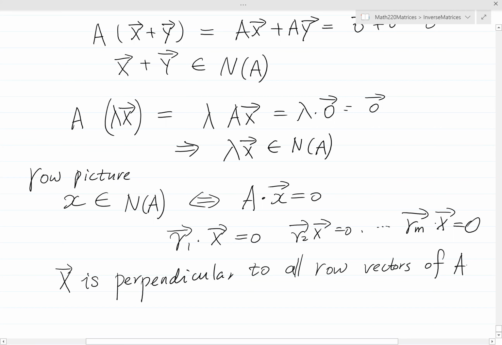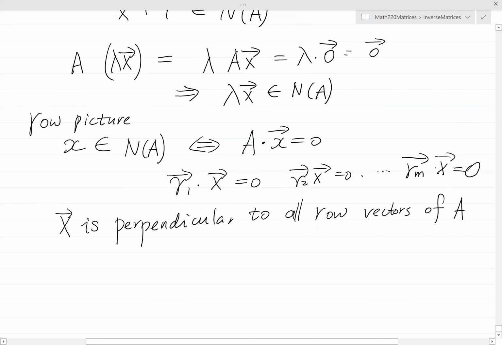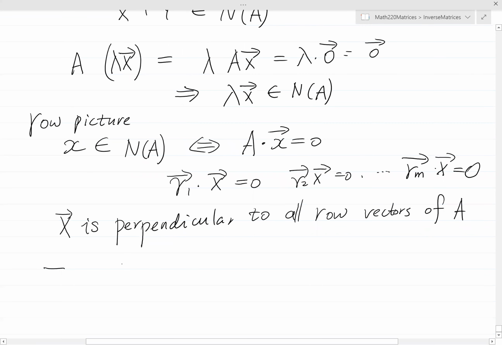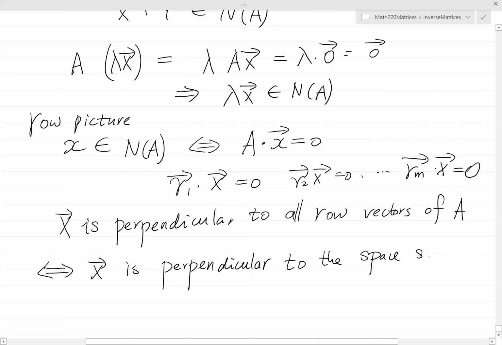Which means x is perpendicular to the vector space spanned by all the row vectors.